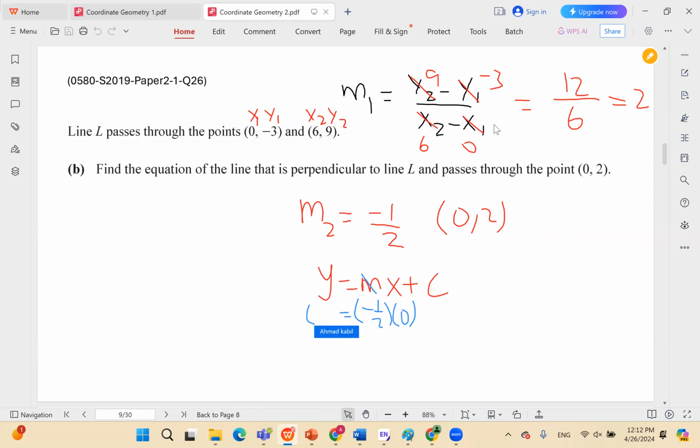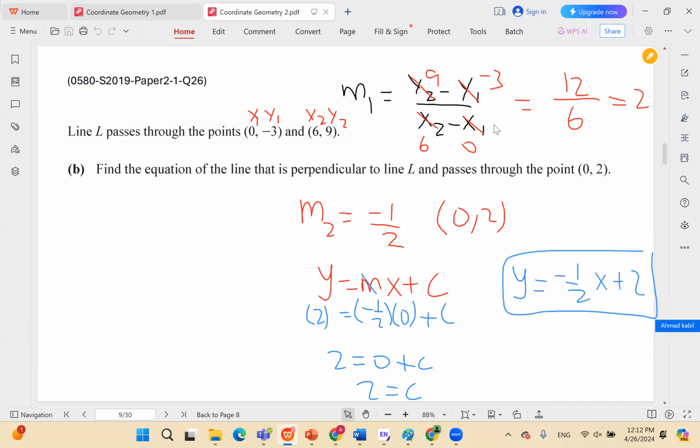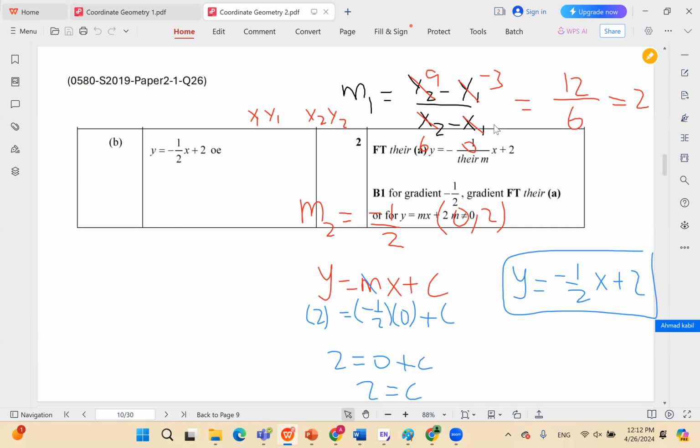The y is 2. And we want to get plus c. So 2 equals 0 plus c. So 2 equals c. So therefore, our final equation will be y equals -1/2 x plus 2. And this is the correct equation here.